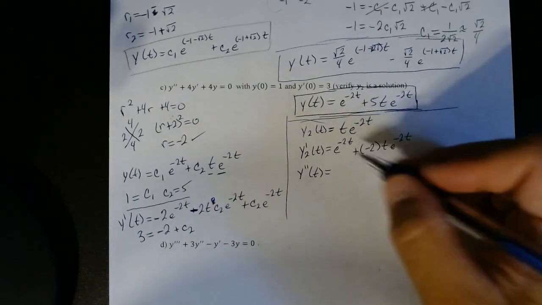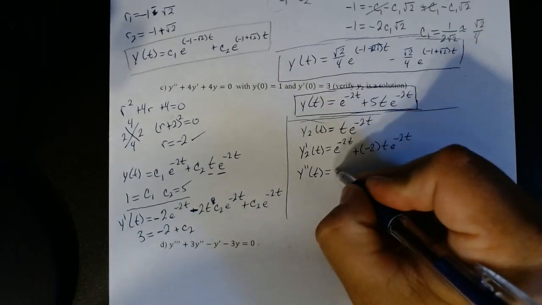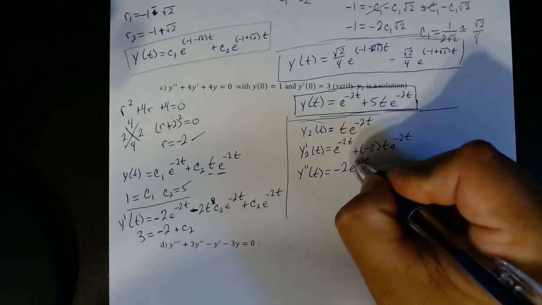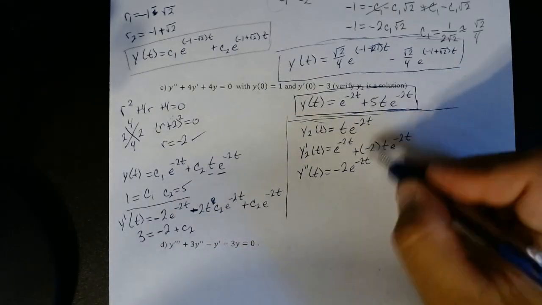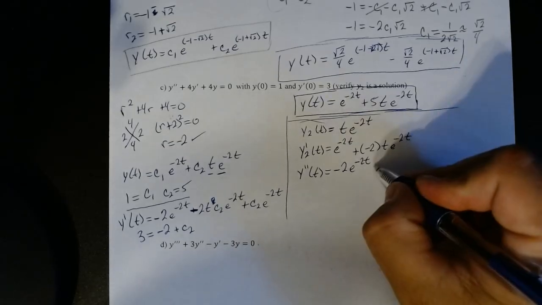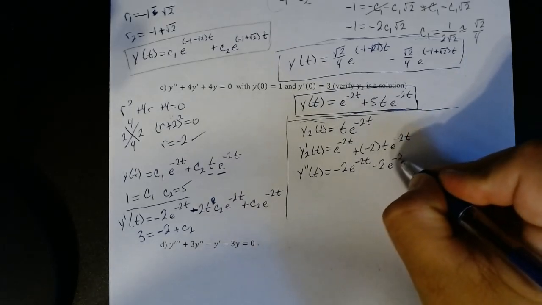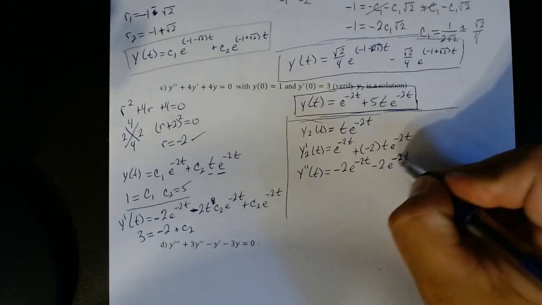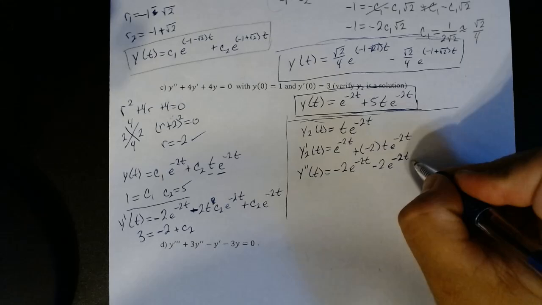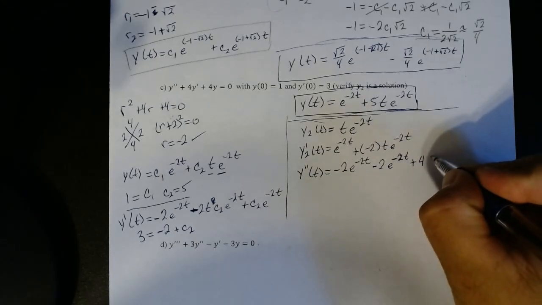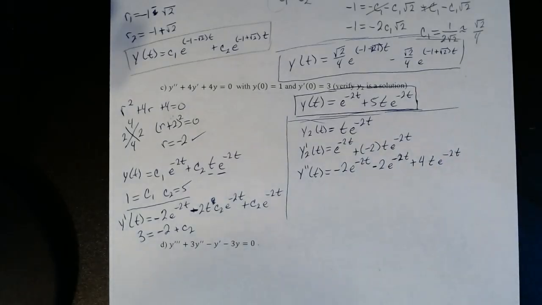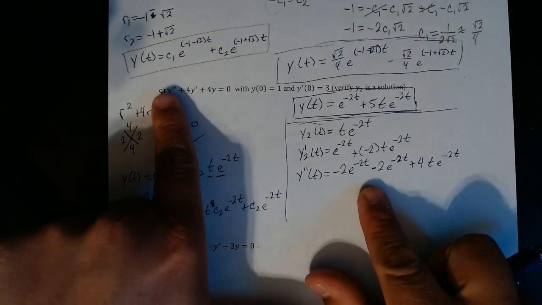And now again, take this derivative. So this is just itself. So negative 2. And on this side, again, it's just another product rule. So just give me negative 2. And then this becomes plus. And now we just plug it back into here.